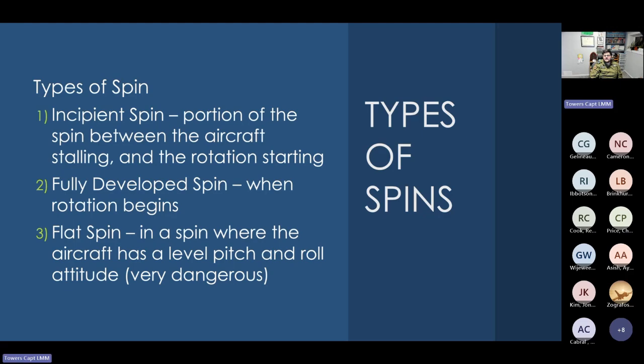The fully developed spin, where the rotation begins, so now you're fully spinning, and then a flat spin, a very bad situation where you have level pitch and roll, but you're still spinning because you have no airflow over that wing, and now you're in a flat spin. It's very, very difficult to get out of a flat spin in a lot of aircraft. So you're going to end up spinning all the way down to the ground. No fun.